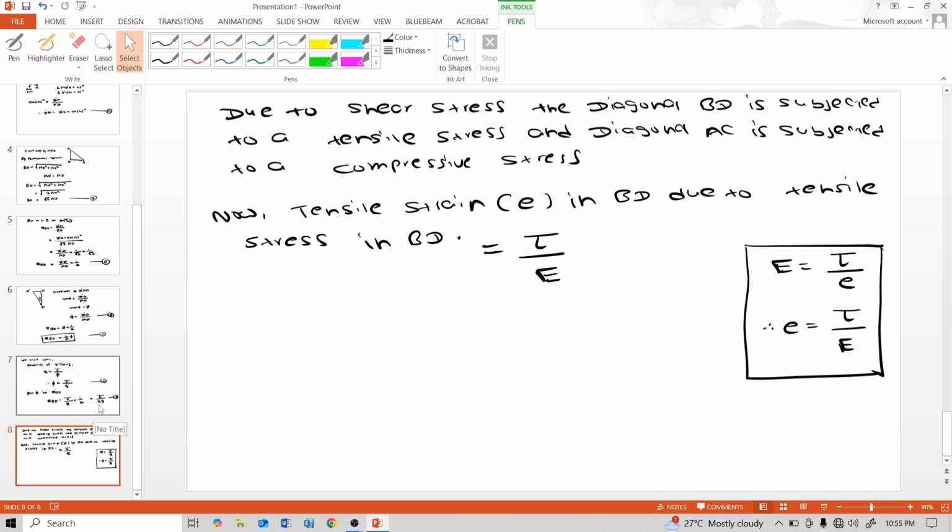That's why, tensile strain in BD due to compressive stress in AC.